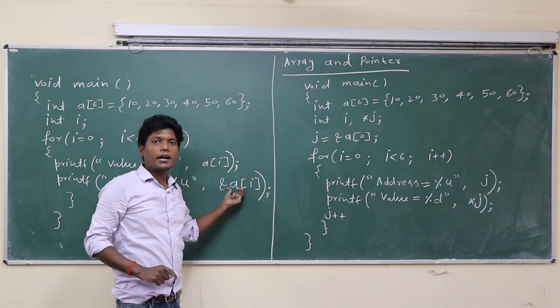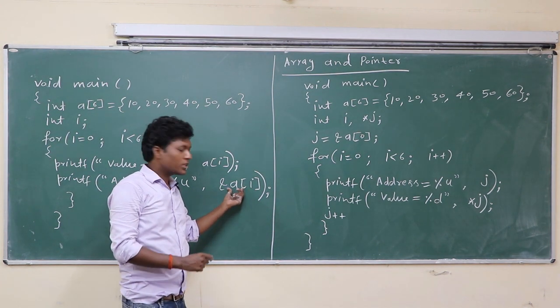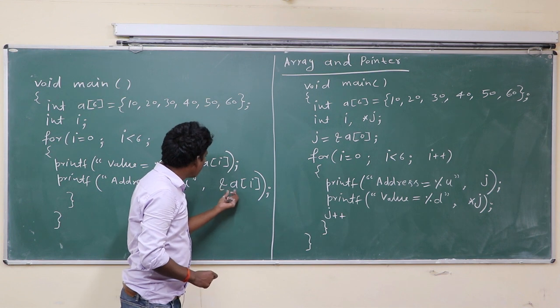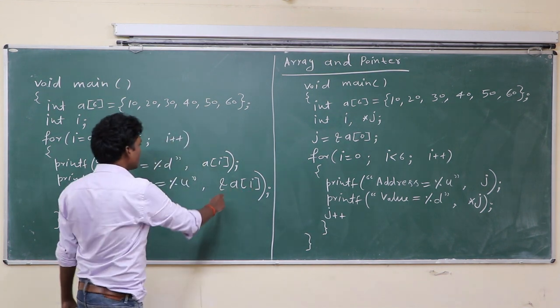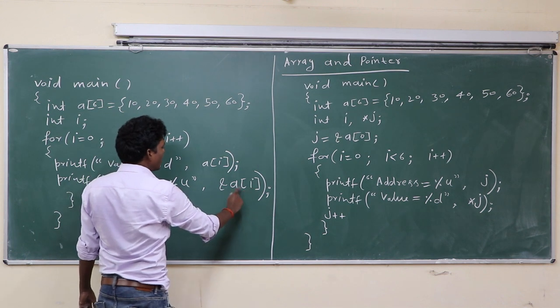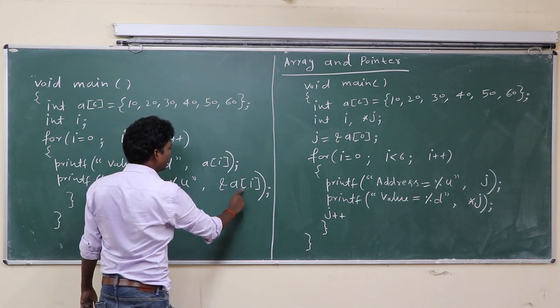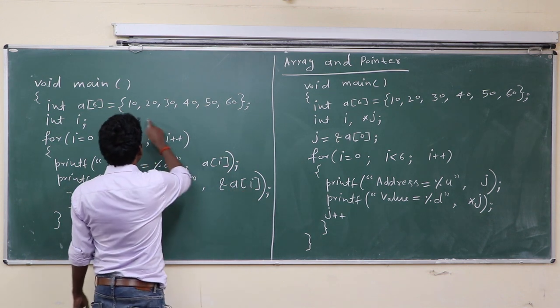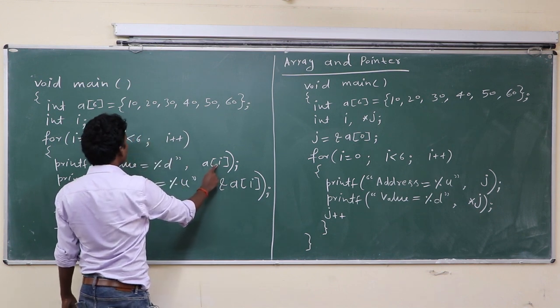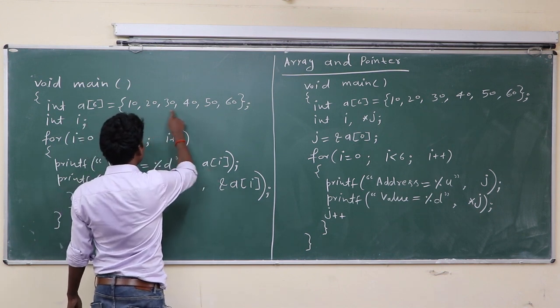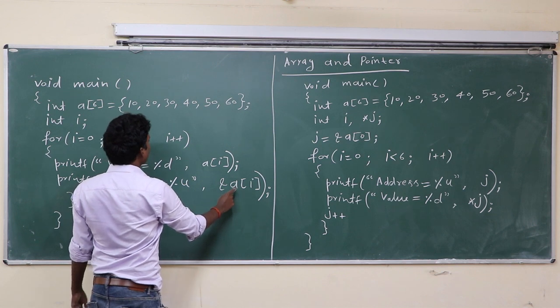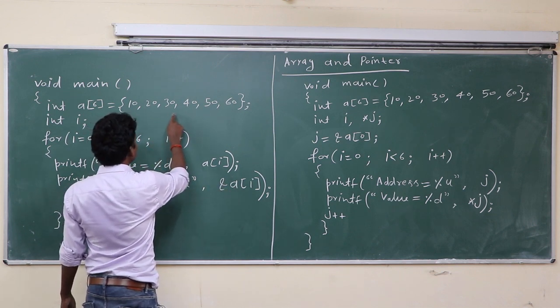Ampersand basically gives the address of whatever it is associated with. So the ampersand is associated with a of i, that's why this gives the address of a of 0, a of 1, a of 2, a of 3, a of 4. So this printf prints the value, and this printf prints the addresses.